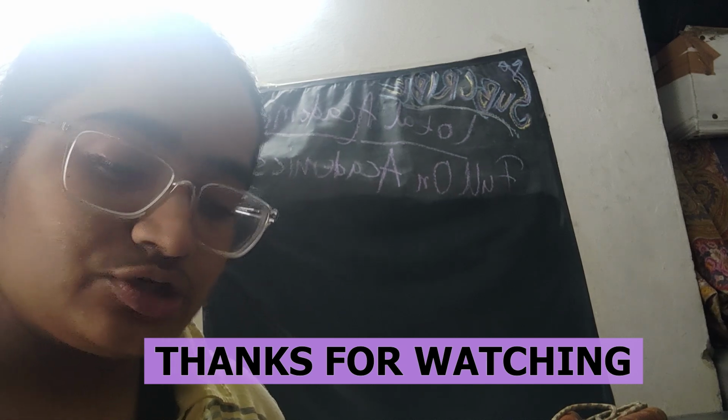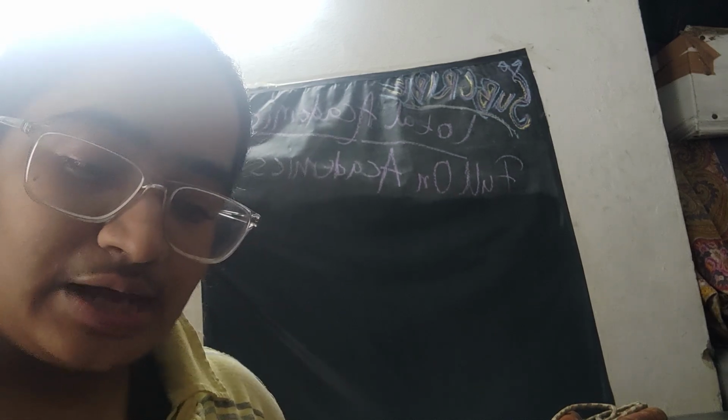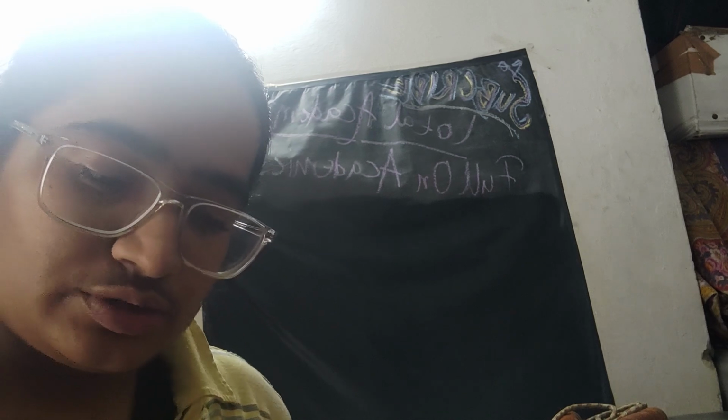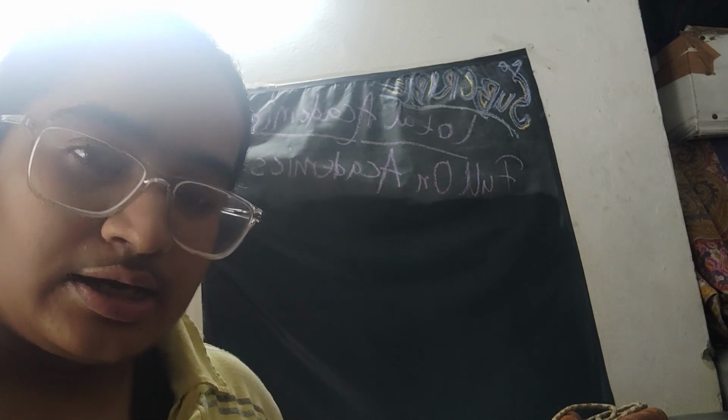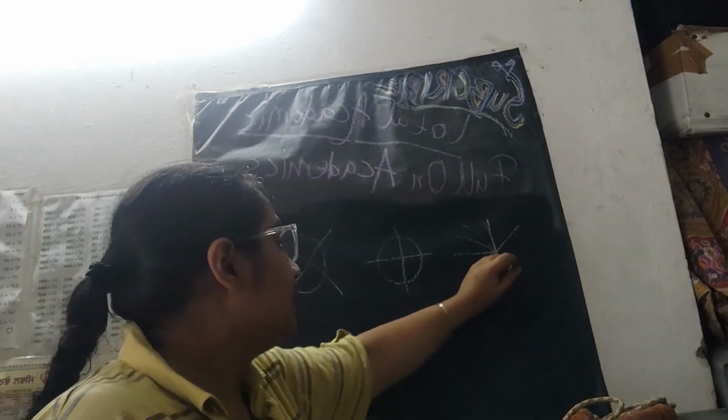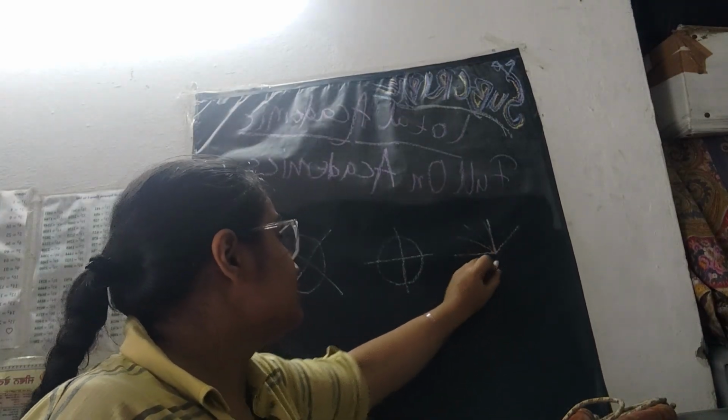For the representation of all consonants, sounds except way, ye, and h, the simplest geometrical forms are used, namely straight lines and shallow curves, as shown on the board. So as you see, there are symmetrical shapes.